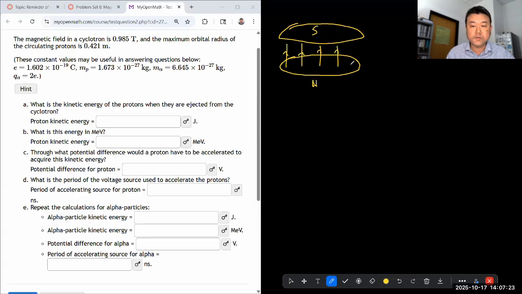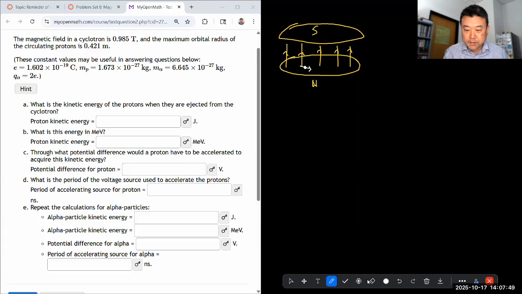And when you have a uniform magnetic field, if you have a particle in here, for example, let's say moving in this direction, then the magnetic force on that particle, assuming it's positively charged, V cross B, will give you a force pointing out of the screen. Oops, I think I drew it kind of wrong.